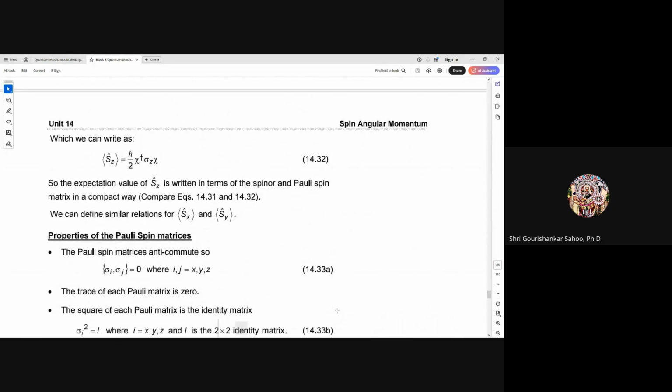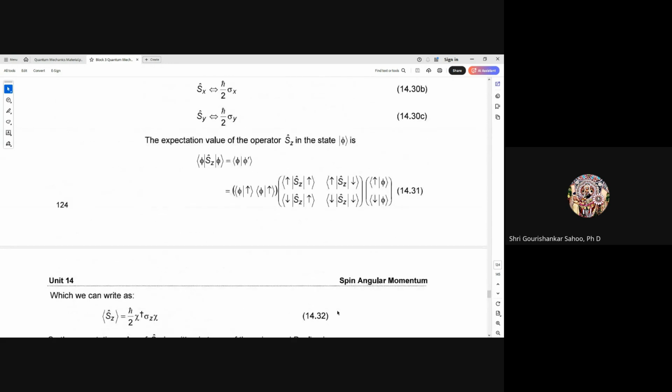And you can write the expectation value of Sz cap as h cross by 2 chi dagger sigma z chi. The expectation value of Sz is written in terms of spinors and the Pauli spin matrix in a compact way as shown on the screen.